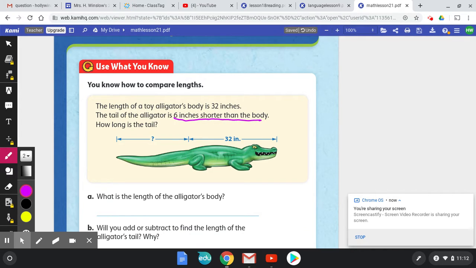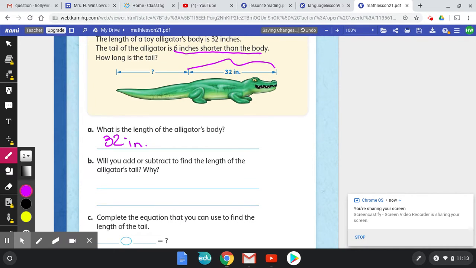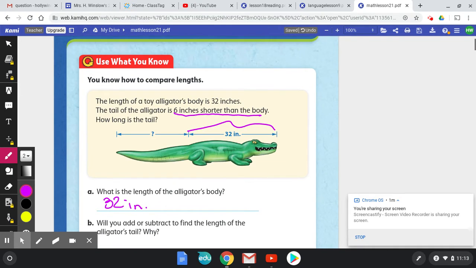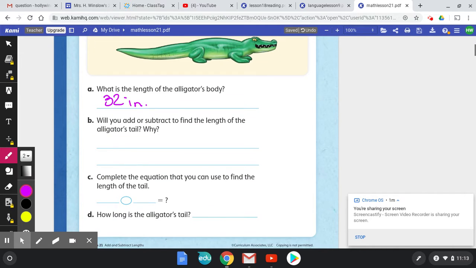So the length of the alligator's body from here to here is 32 inches, and this is in the packet that you got. So am I going to add or subtract to find the length of the alligator's tail? Well, it says that it is 6 inches shorter. So if I'm going to go shorter, my number's going to get smaller. So that means I'm going to what? That's right, subtract.